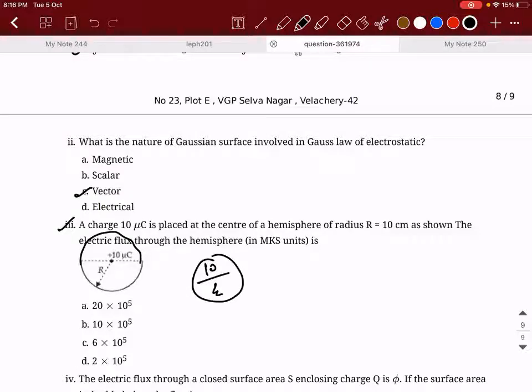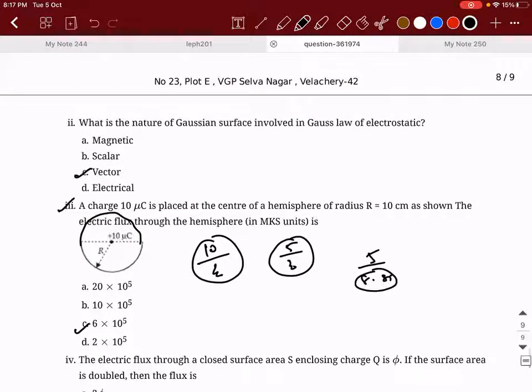But since it's a hemisphere, it will be 5 divided by epsilon naught. What is the answer? You will only get an approximate value because epsilon naught is 8.85 something, right? So 5 divided by 8.85, approximated to 9, will be somewhere around 0.54 something. So this should be the answer.